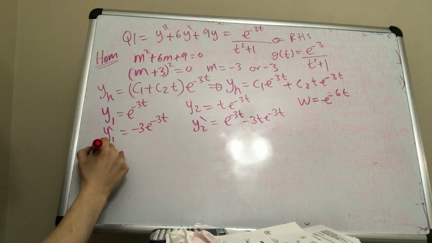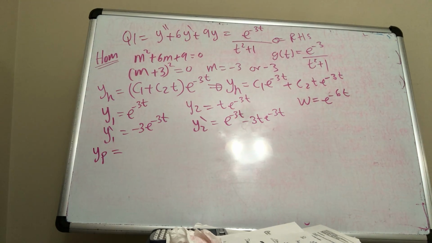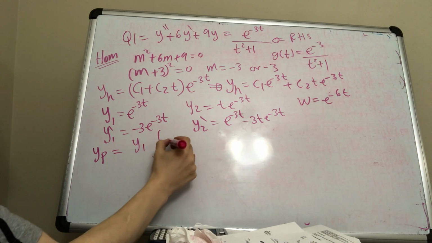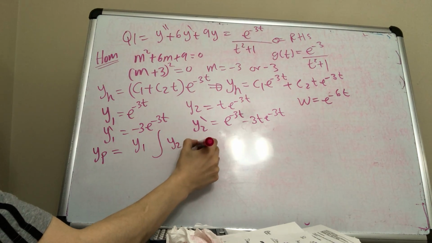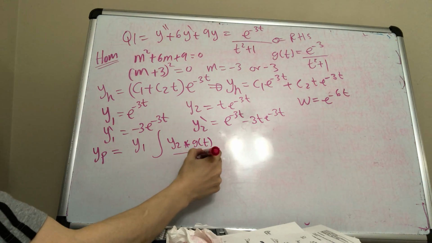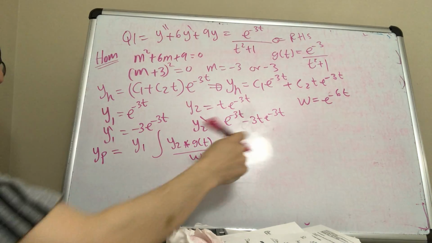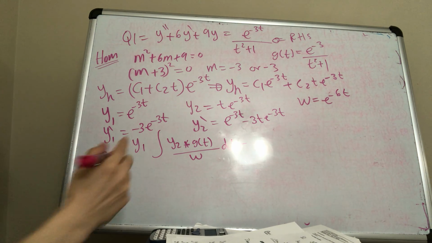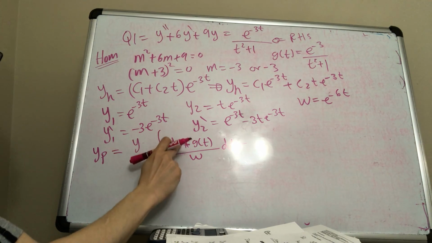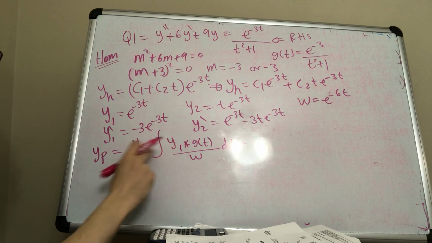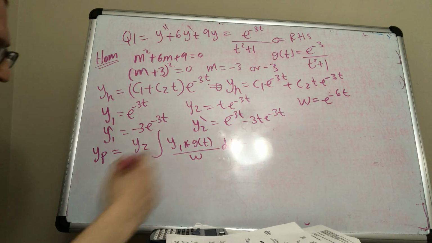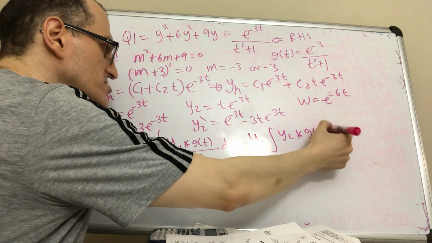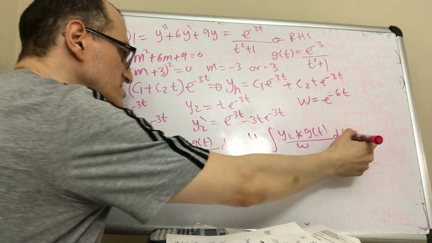So now we found the particular solution. y1 outside, integration y2 into the g function over the W dt minus, well, it's better to start, it doesn't really matter, but it's better to start y1 inside first. And then y2 into the g function over W dt.